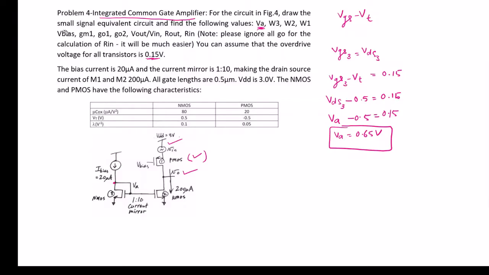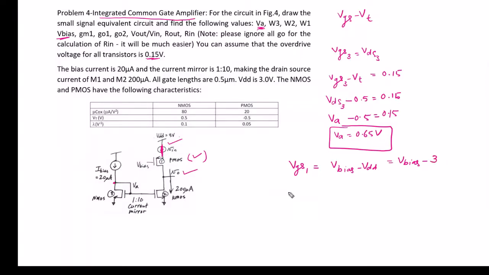Now next is Vbias, the bias voltage. To find the bias voltage, we first need to consider the operating point conditions. While assuming the operating conditions, we need to assume that the AC input voltage source is short circuited. So if we short circuit the input voltage source, we can write VGS1 of the first transistor as Vbias minus VDD, and VDD is given to us as 3 volt.